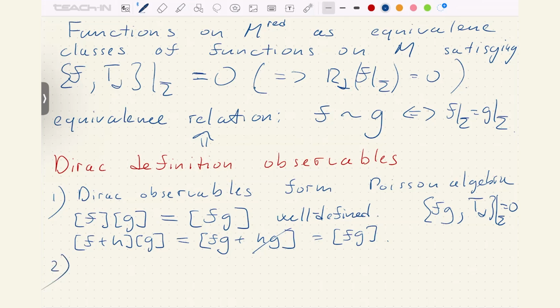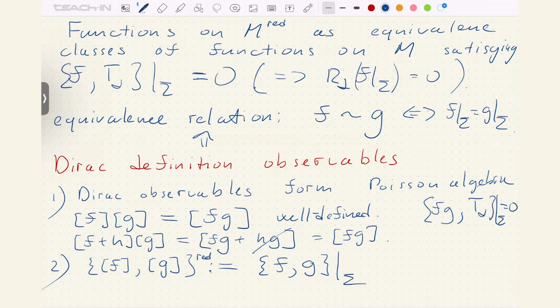And second, what is more interesting is that we can also define a Poisson bracket there. So we define a Poisson bracket of two equivalence classes, which are functions on reduced space. Let's call it the reduced bracket. By definition, it's going to be the bracket {F, G} restricted to sigma.